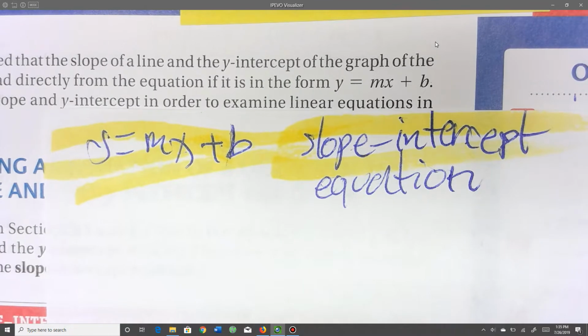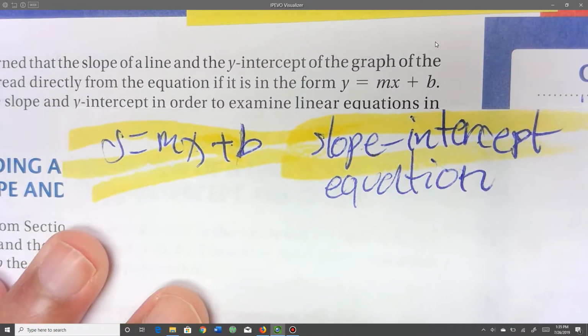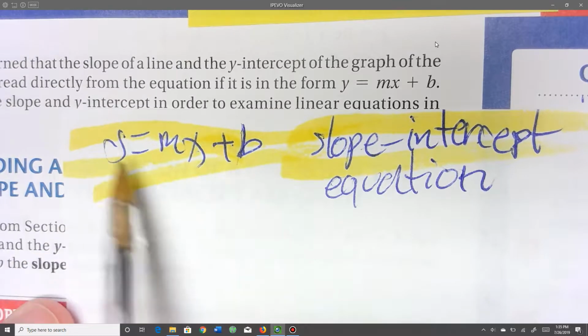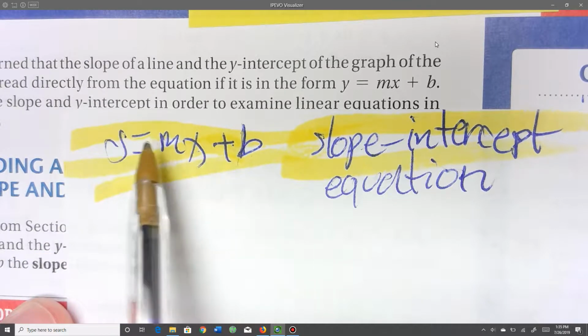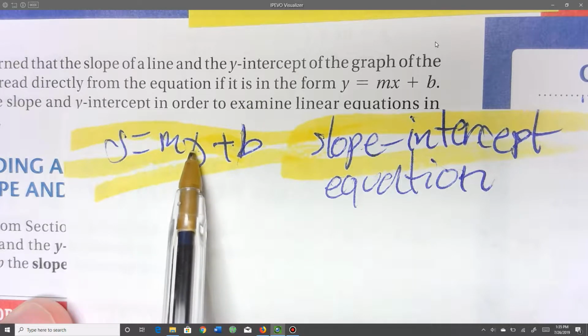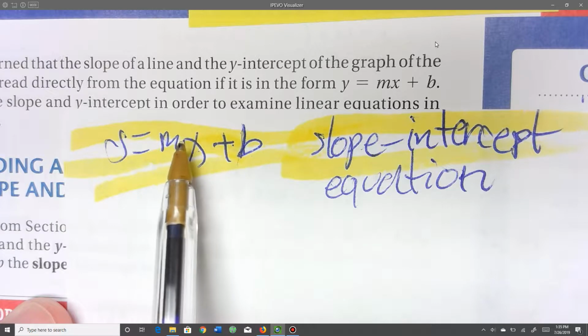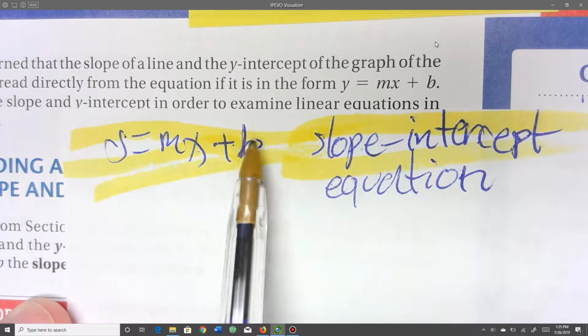Because if you can get any equation, any information they give you into this form here, you're going to be able to graph the equation from here. Because again, this is the slope and this is the y-intercept.